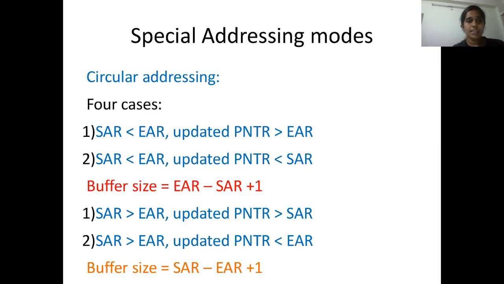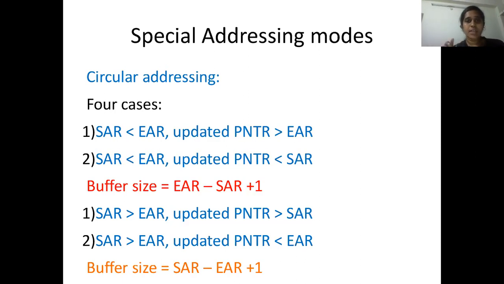In the second case, SAR is again less than EAR, and the updated pointer register is less than the starting address register. The pointer register should be in between SAR and EAR. That is the first two cases.